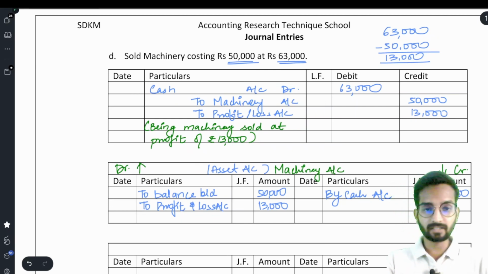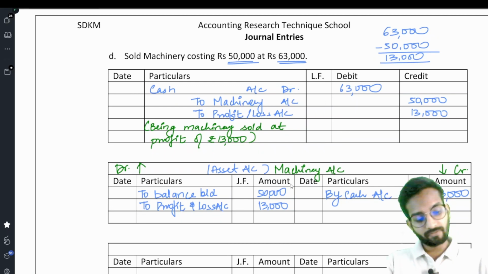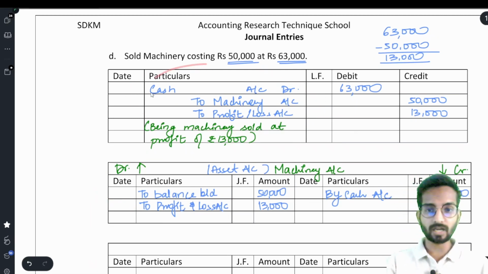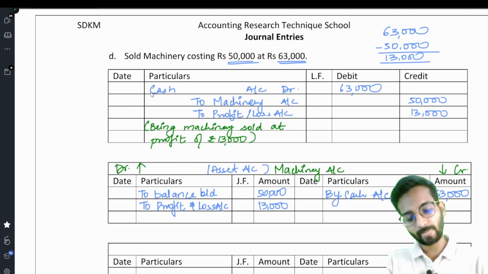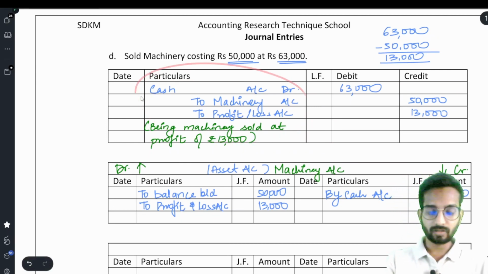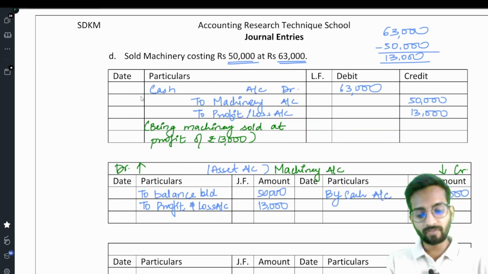As soon as I write this, students get confused. Sir, you have written machinery account debit to profit and loss, but in the journal entry we are looking at cash account debit to profit and loss. How is this happening? See, this entry has been taught everywhere, but actually there are two original entries which, combined, make this journal entry, and we will learn about this in detail.